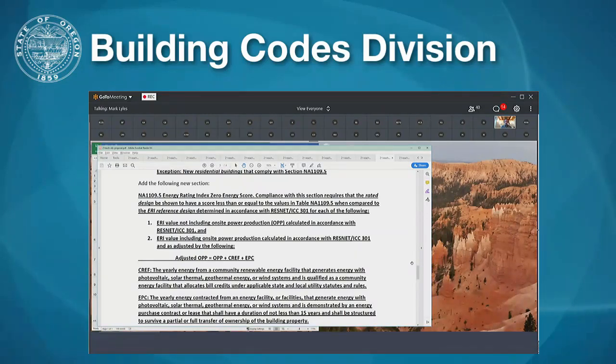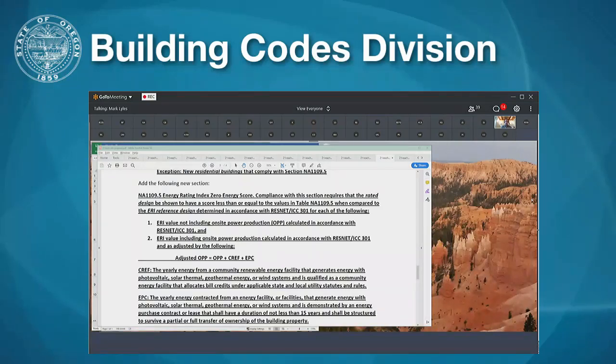So really the intent of this proposal is to set a highly efficient ERI score. Pulling from both ASHRAE 90.2 and the IECC, the efficiency requirement would be an ERI score of 47. And then this proposal would require that the delta of that 47 be offset with renewable energy.